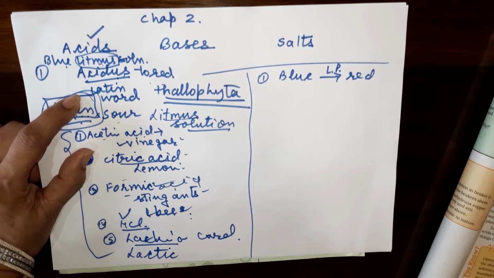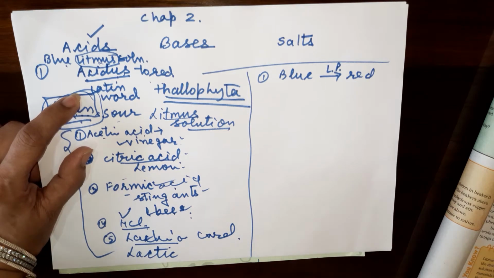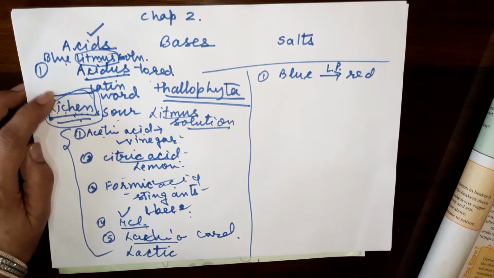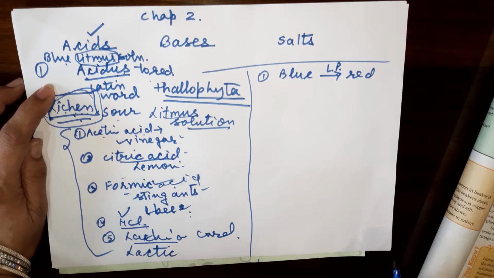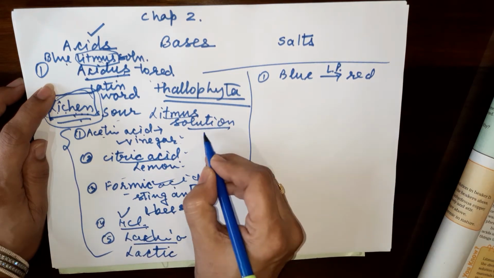But before doing this, we'll take the concept of acid, that is, what is an acid. An acid is a substance which produces hydrogen ions when dissolved in water. That is the definition of acid which was given by Arrhenius. For example, let me tell you more acids.